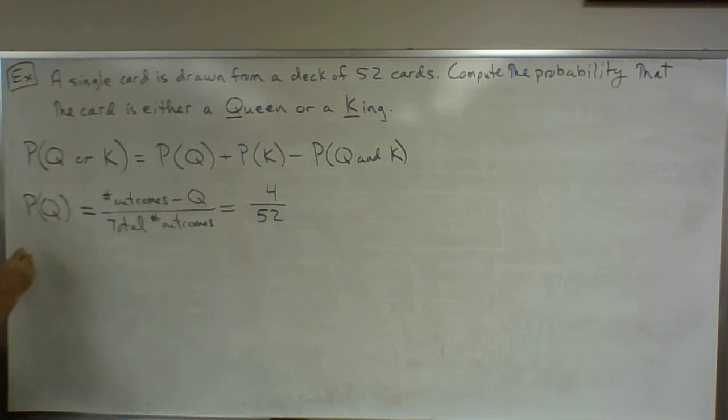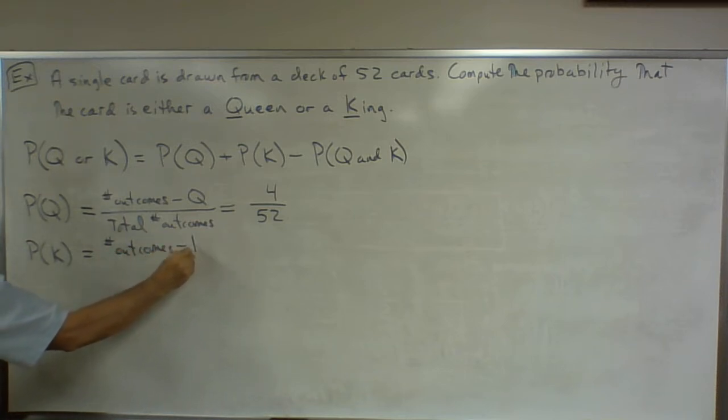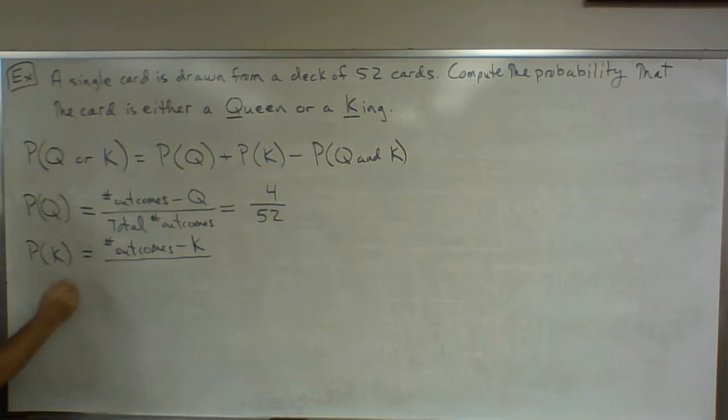Let's do the same thing for a king. Probability of getting a king. It's going to be the total number of outcomes resulting in a king over the total number of outcomes, period.